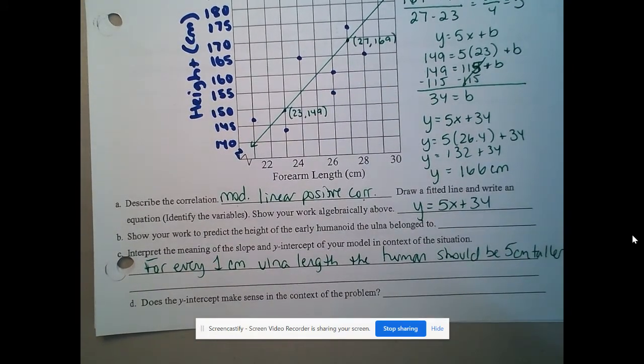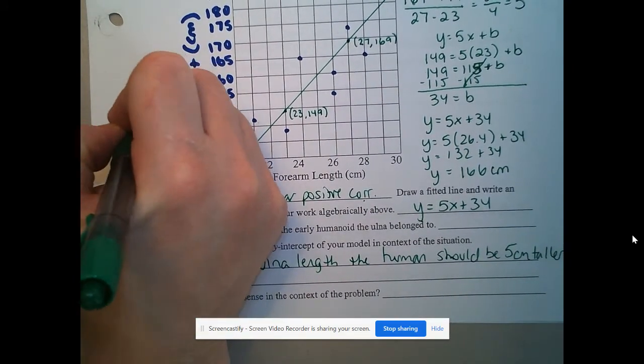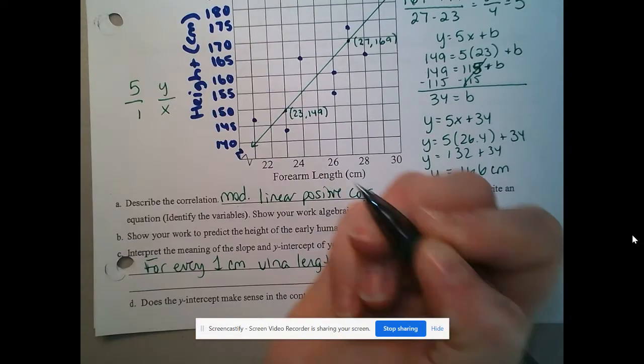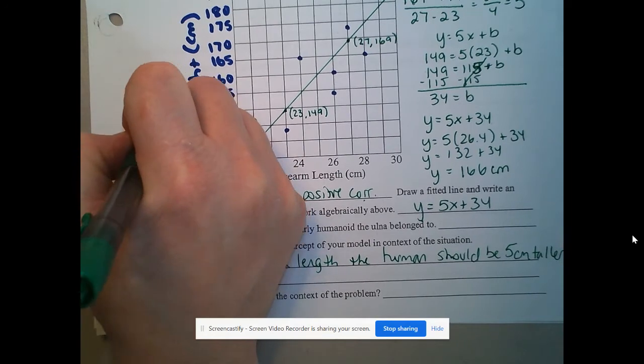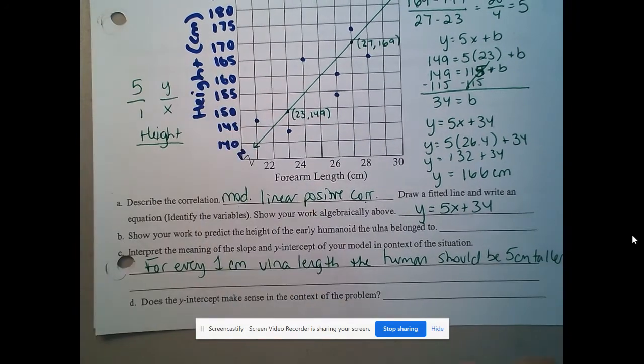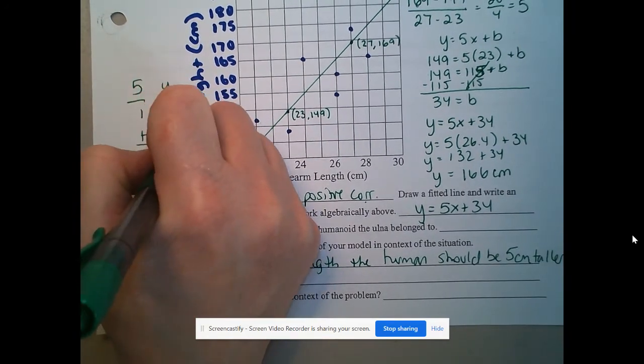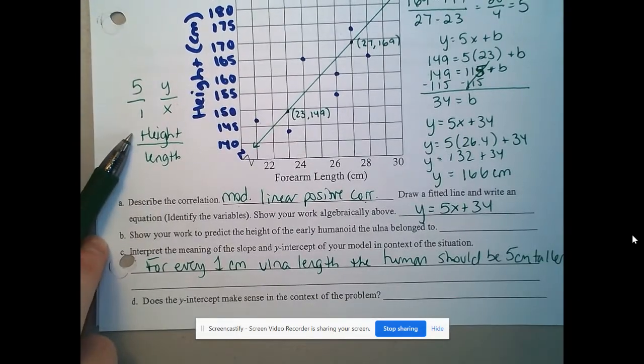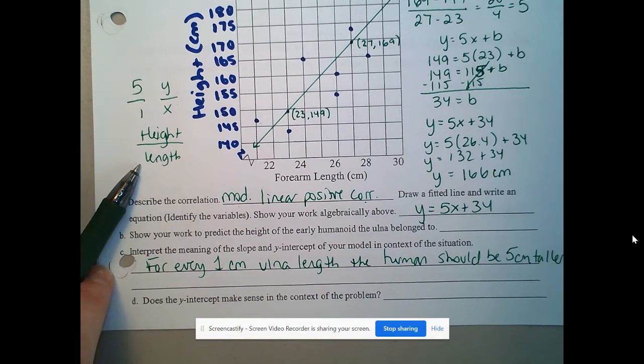So it's a 5 over 1. So slope is 5 over 1. So that's your rise over your run. That's your y-axis over your x-axis, which makes it height over length. And so we're saying for every 5 centimeters in height, we have 1 centimeter in forearm length. That's where we're getting those numbers from.